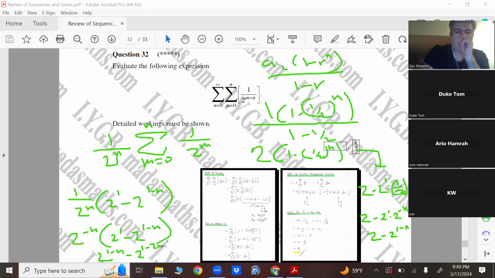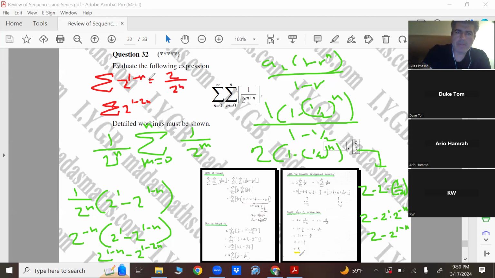Okay, and then you do the summation of that. And you could break it up as well. n equals 0 to infinity. So when we think of it, that's 2 over 2 to the n, right?